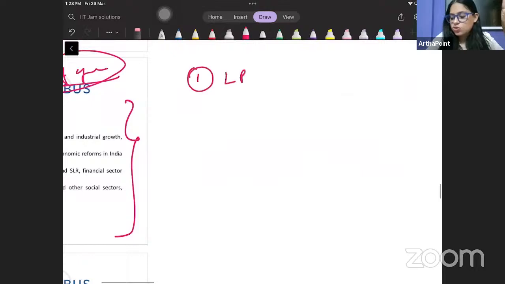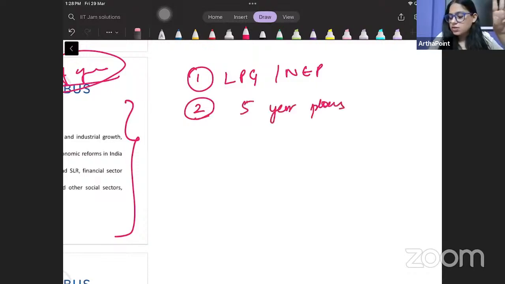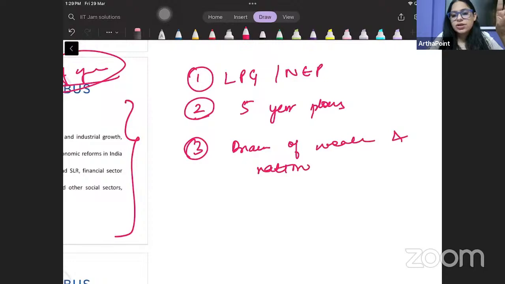One, there is a question on liberalization, privatization, globalization, also called the new economic policy. Two, there is a fixed question on your 5-year plans. Three, there is a fixed question on drain of wealth and initial national income calculation.